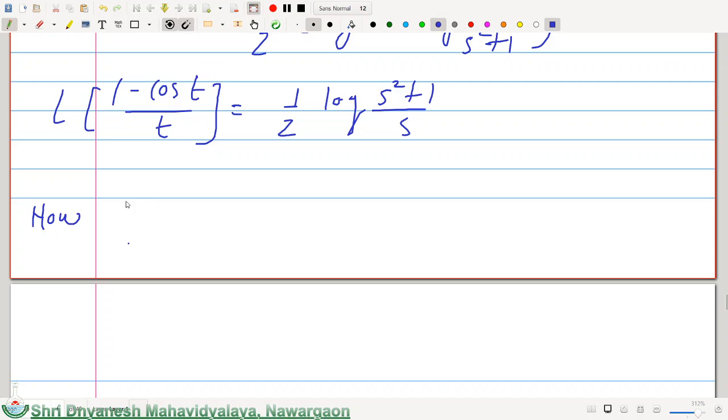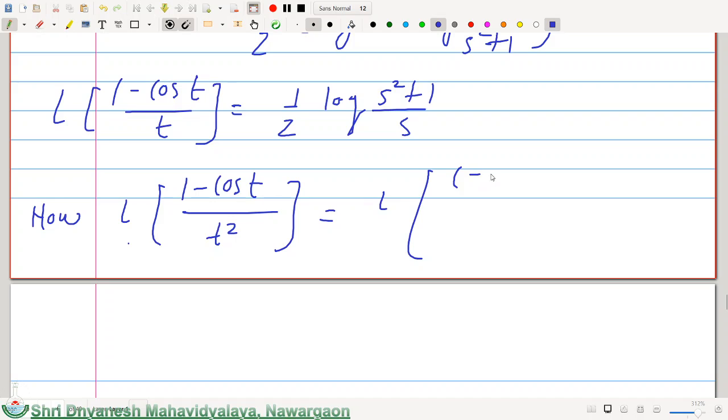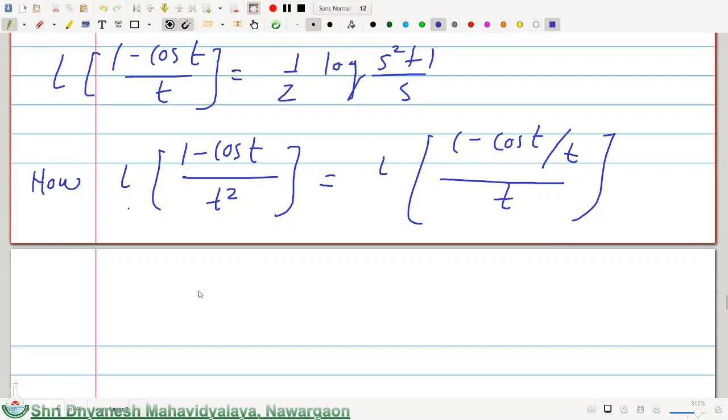Now the Laplace transformation of (1 minus cos t upon t square) is equal to the Laplace transformation of ((1 minus cos t upon t) upon t), which equals the integration from s to infinity. See, now we have 1 minus cos t upon t as f of t, whose Laplace transformation we have evaluated as 1 by 2 log of (s square plus 1 upon s square), and that comes under this integral sign.